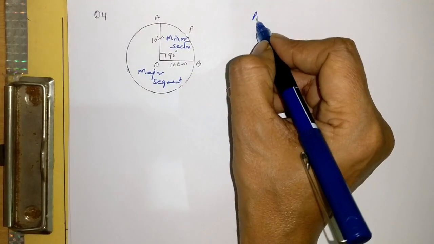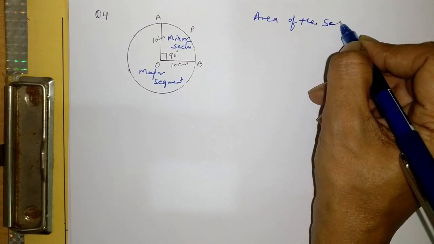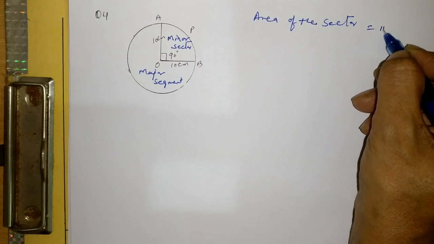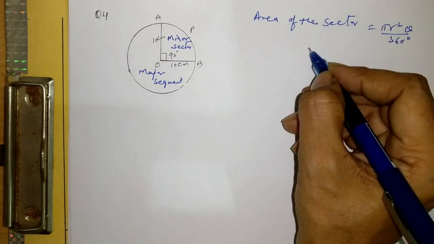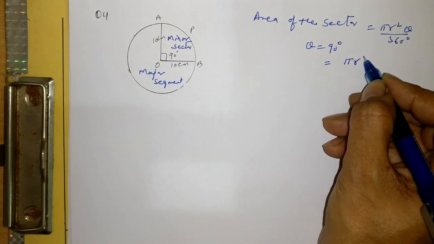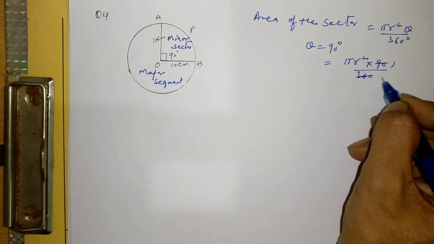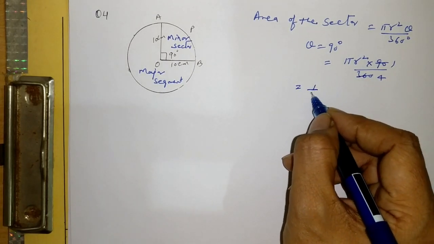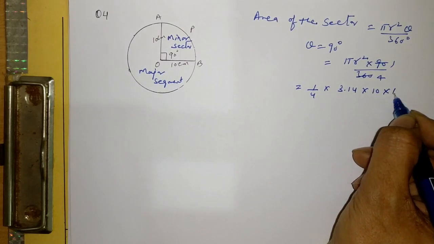For the area of the sector, we'll recall the formula: pi r square theta upon 360, and theta is 90 degrees. So this is pi r square times 90 upon 360, that is 1 by 4, into 3.14 into 10 into 10.